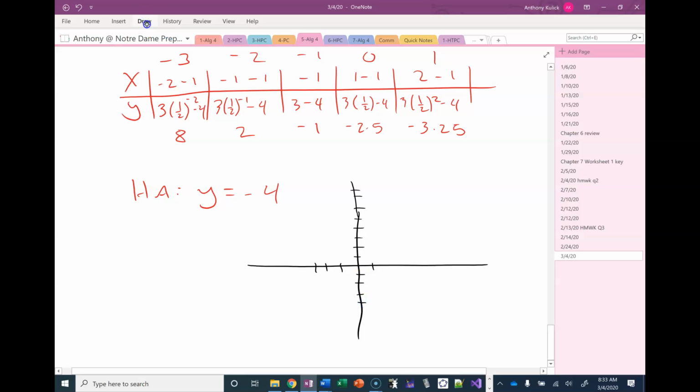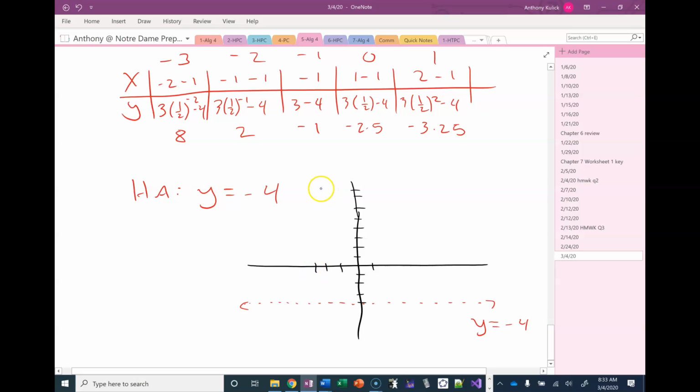Okay, so I've made my xy axis. Next thing I like to do is draw in my asymptote. So again, a horizontal line that goes through -4. And usually I like to write down the equation next to it just so that it's clear to the reader what's going on there. And now I'm going to plot my points.